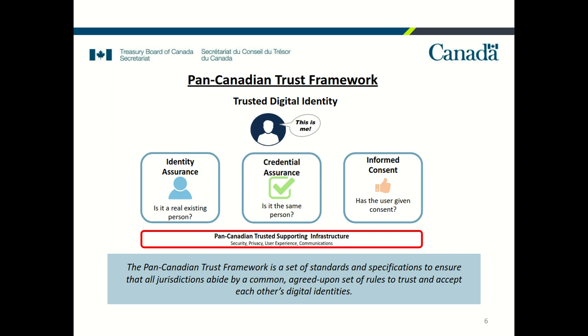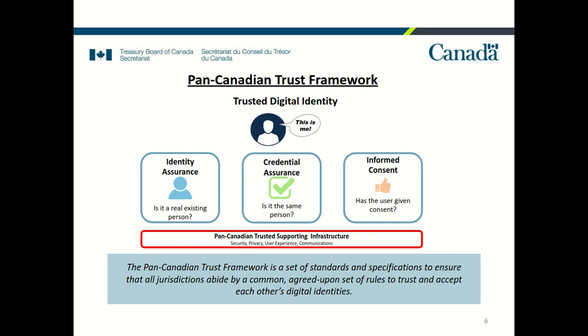Are you the same person when you're presenting yourself at an office, whether presenting your paper documents or your digital credentials? Are you the same person as that real person? And then the 3rd part is around consent. Have you provided consent in providing your identity information, your name, your date of birth, and perhaps some more information related to a particular program?